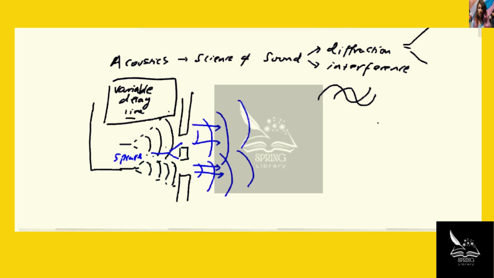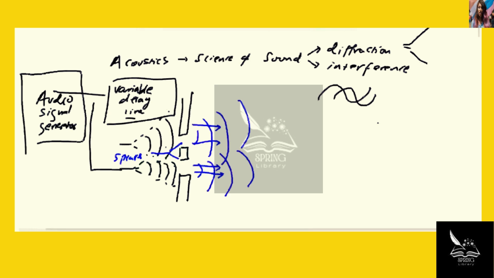So this is the variable delay line, and there's signaling on the opposite side, and it's an audio signal generator. So this is what happens in this particular problem.